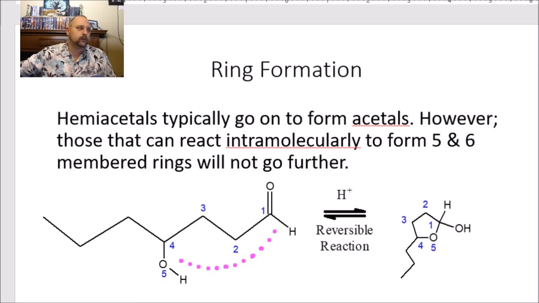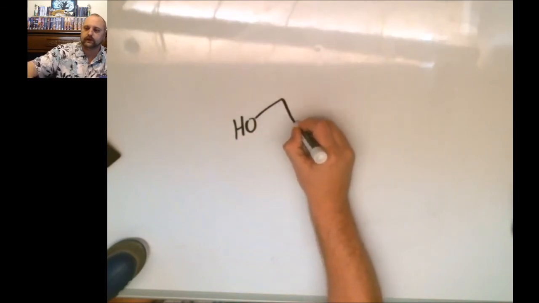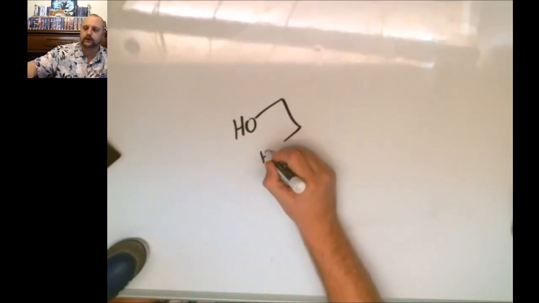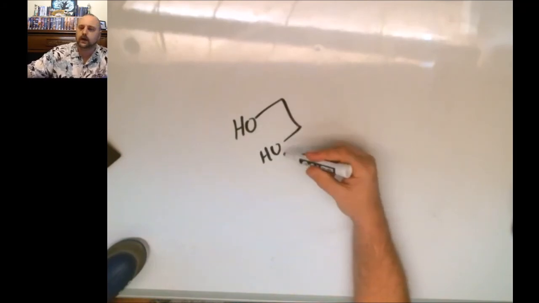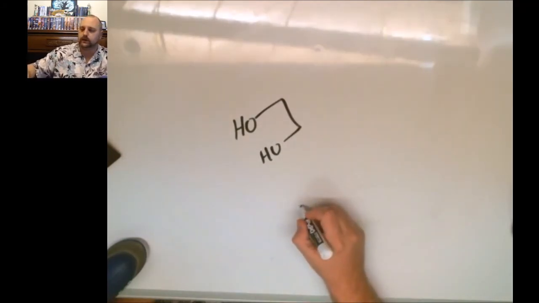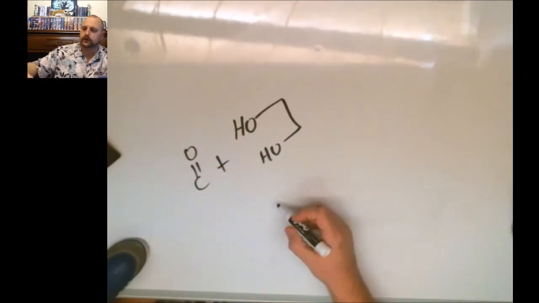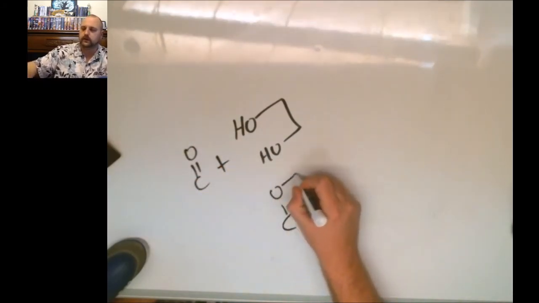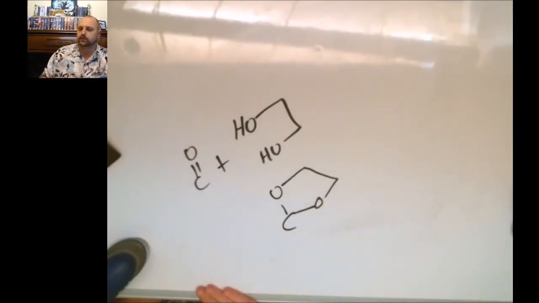And so in lab we also looked at protecting groups, and we said that we could use, instead of 1 alcohol, a diol, and we could form a carbonyl with those 5 membered rings that are protected.